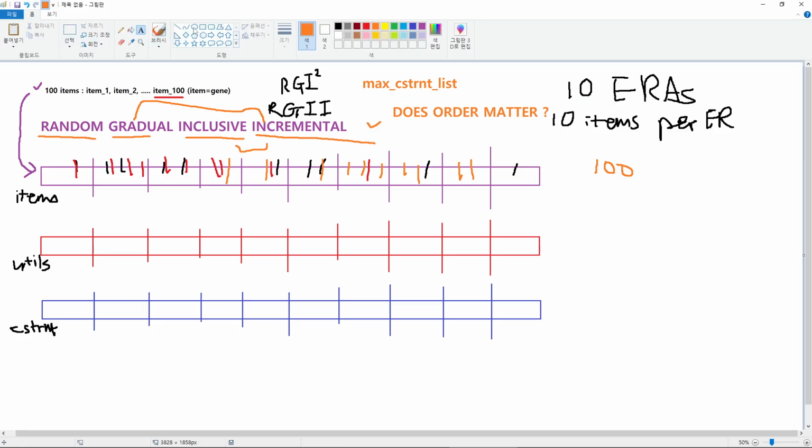I wanted to see if the order of items or genes in which they were introduced to the evolution matters, most importantly in terms of how it affects the final true ceiling, because I still don't know yet.